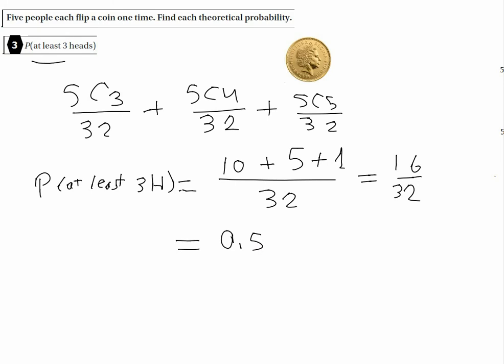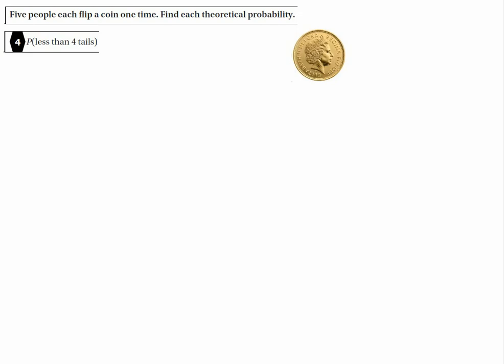So let's go to the next part of our problem. What is the probability of getting less than 4 tails? Less than 4 tails. That's very easy. To get the probability of less than 4 tails, this means that we are going to get each of the following probabilities. And of course, each one will be over 32, the total number of elements in our sample space.